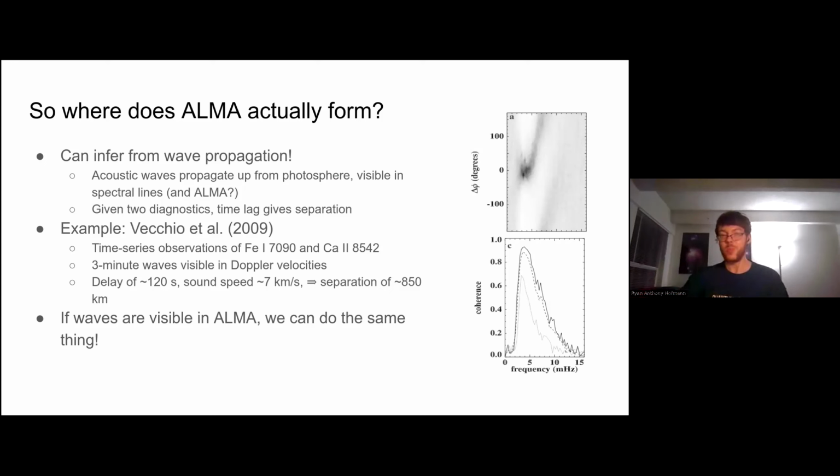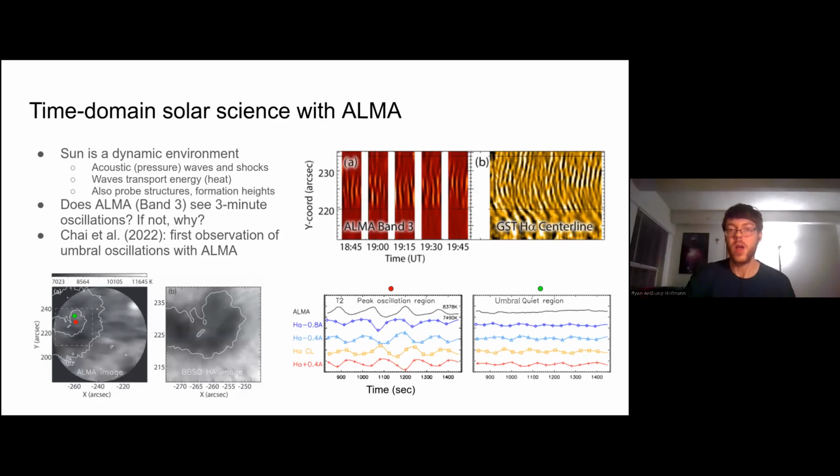So if we can see these waves in ALMA and observe them as well with a spectral line that forms in a similar region, then we can do the same thing. This has been done sort of by other teams.